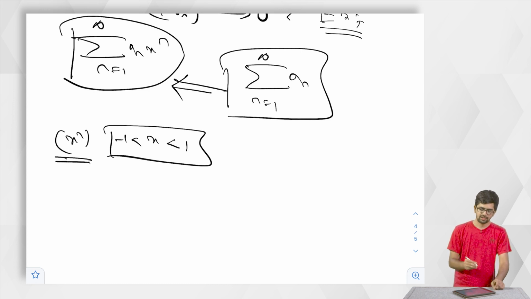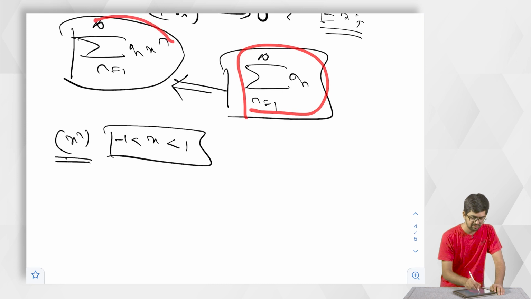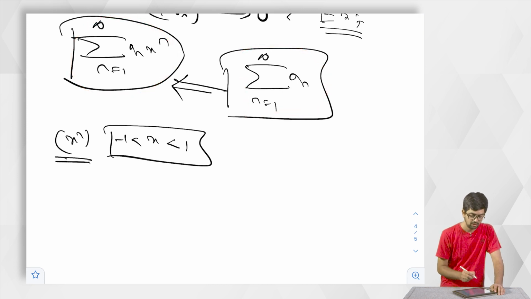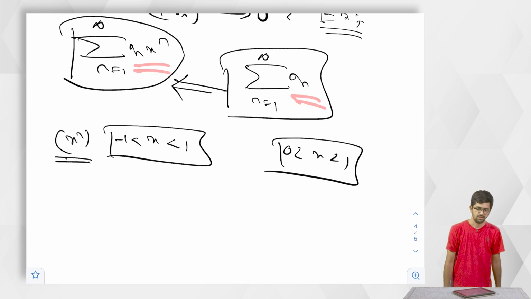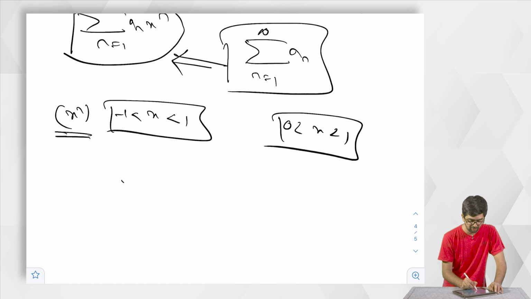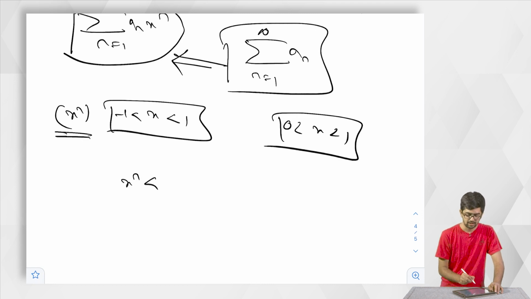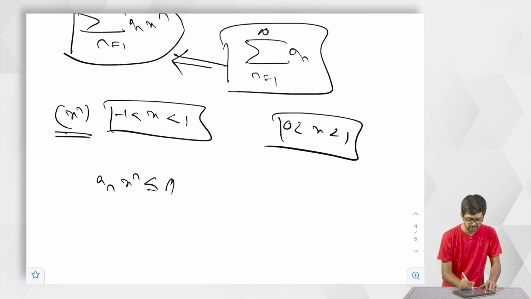Now, if summation an is convergent, can we say anything about this? Let us assume that x is positive, that 0 less than x less than 1. Let us try to compare this with this. Since x is less than 1, x power n is less than or equal to 1. So an x power n is less than or equal to an.